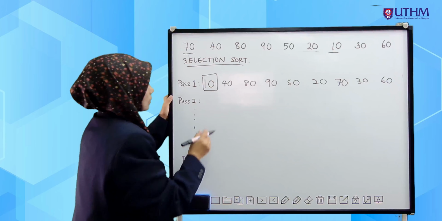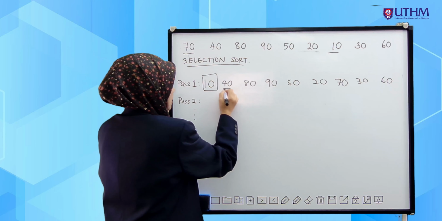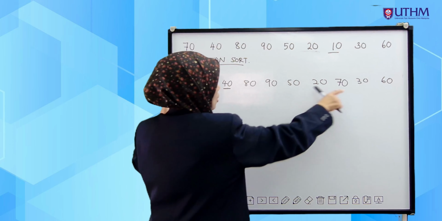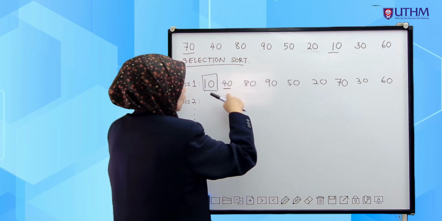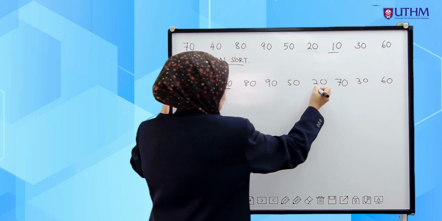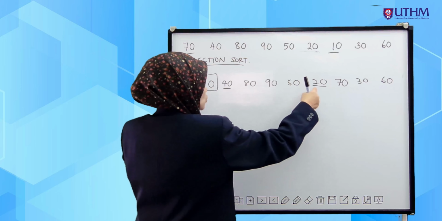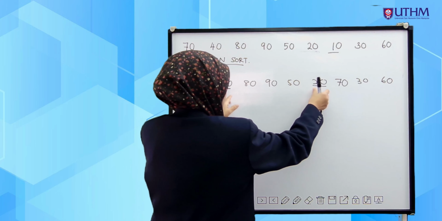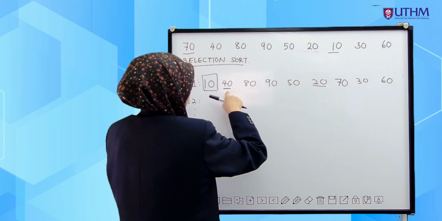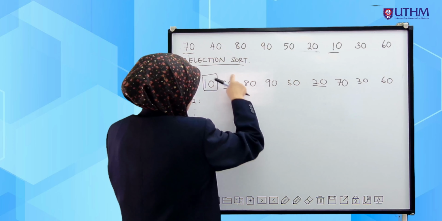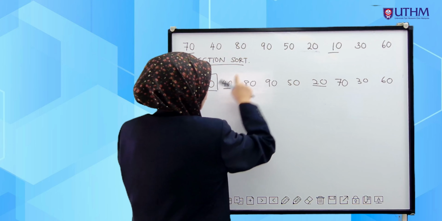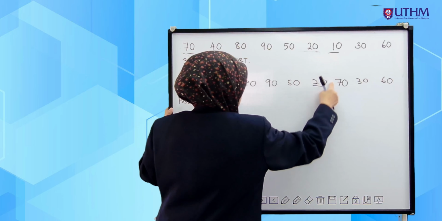Now the next position is here. Our task is to find the smallest value that can be swapped with 40. The next smallest value is 20, so we are going to swap the values in these two positions. 20 will replace the value in the second position, and 40 will replace the position of 20.